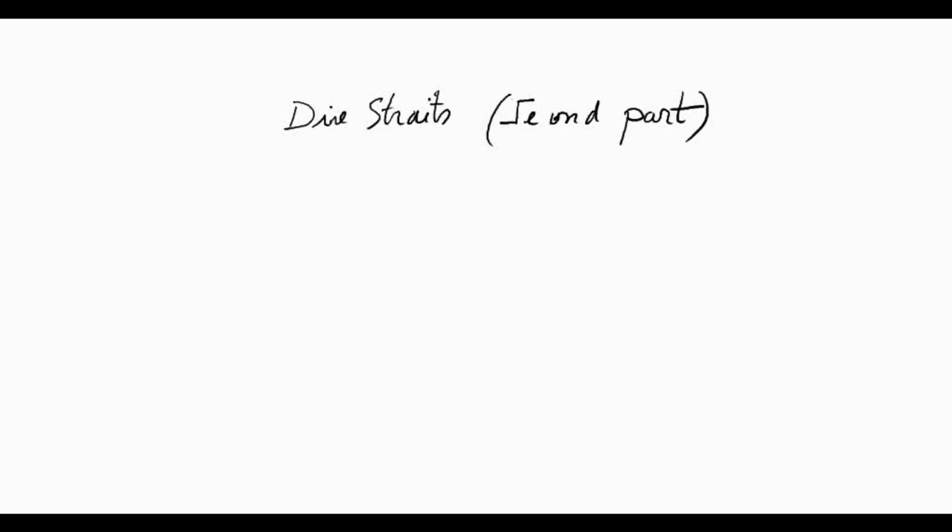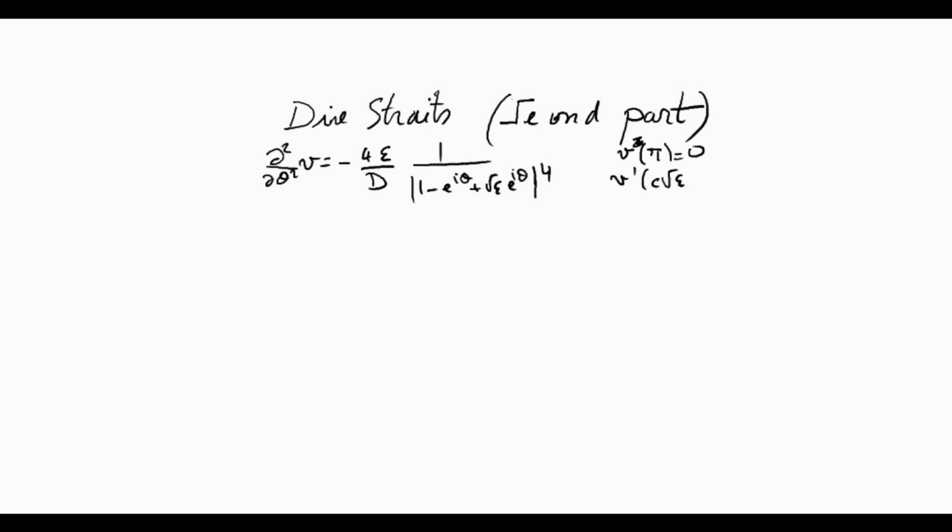So the second part of the diastrait computation is now to resolve the differential equation, which is d/dθ squared of v equals minus 4 epsilon divided by the diffusion coefficient times 1 minus iθ plus square root of iθ to the power of 4, with the conditions that v of π equals 0 and v prime of c square root epsilon is also equal to 0.